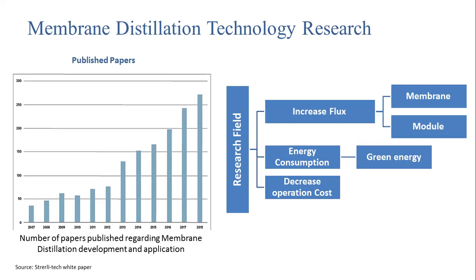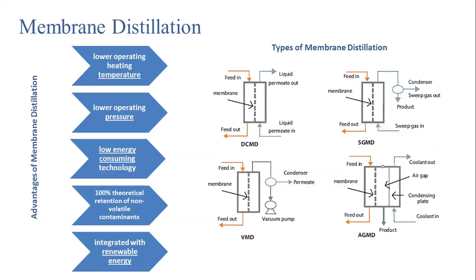using other possible energy sources. So membrane distillation's advantages are, as we said, lowering the operating heat because it requires less heat than conventional thermal techniques, and it also requires less pressure than RO, reverse osmosis, which is also a membrane separation technique, but not membrane distillation.